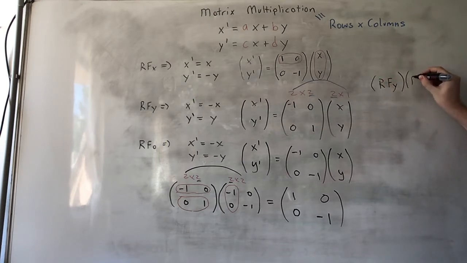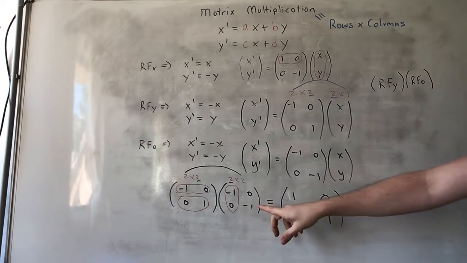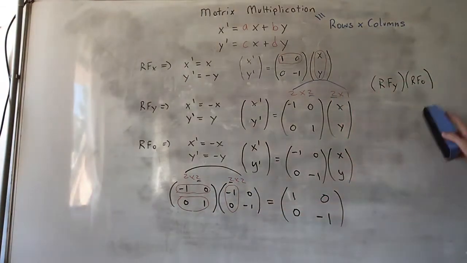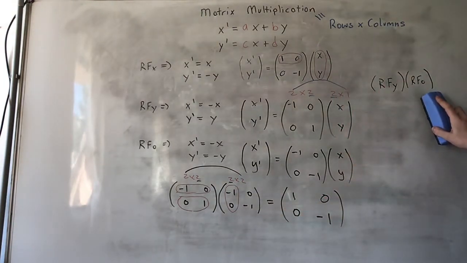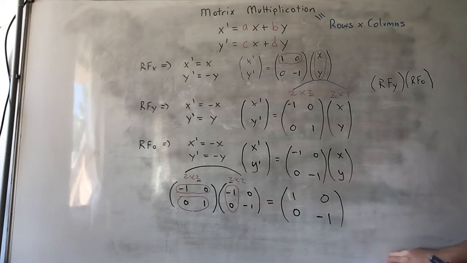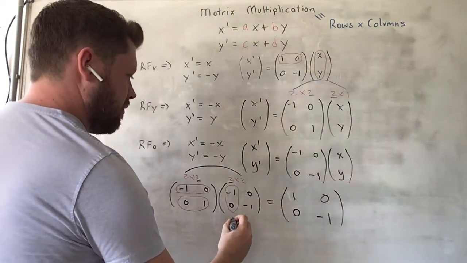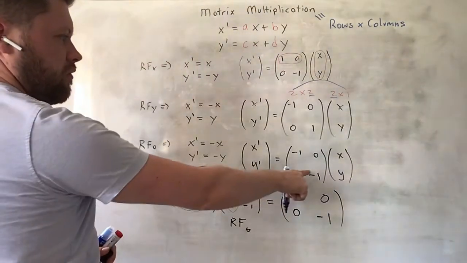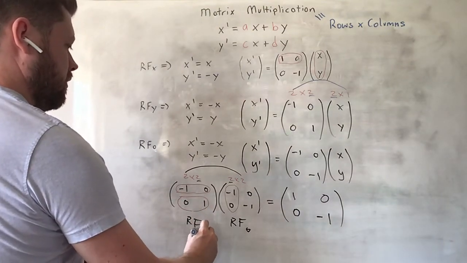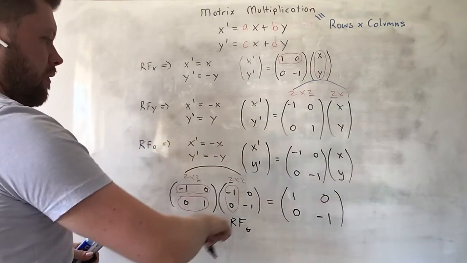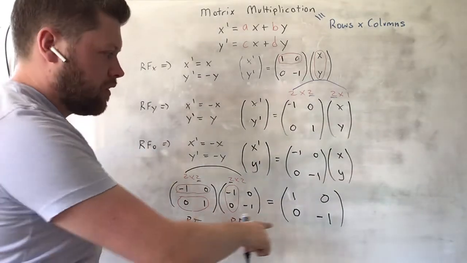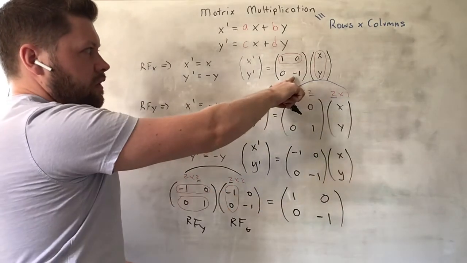Doing the reflection in the origin and then doing the reflection in y. This one here is the reflection in the origin transformation, and this one is the reflection in y. Doing those two combined, well, we got the same as this transformation matrix here.